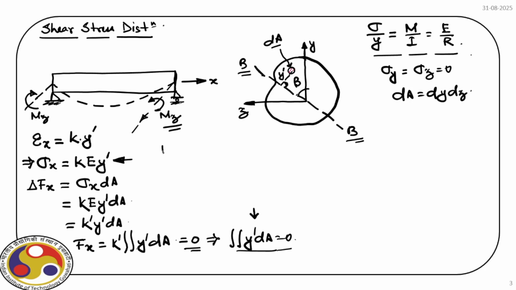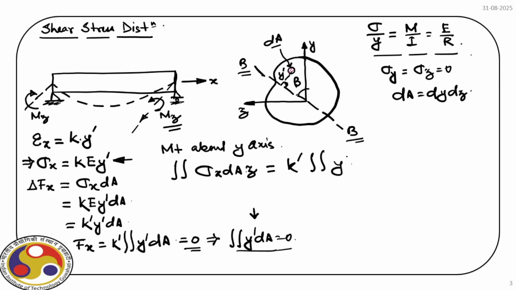Now let us consider the moment about the y-axis. The moment about the y-axis is the double integral of sigma x dA, that is the force, times z, which is nothing but k prime double integral of y prime z dA.